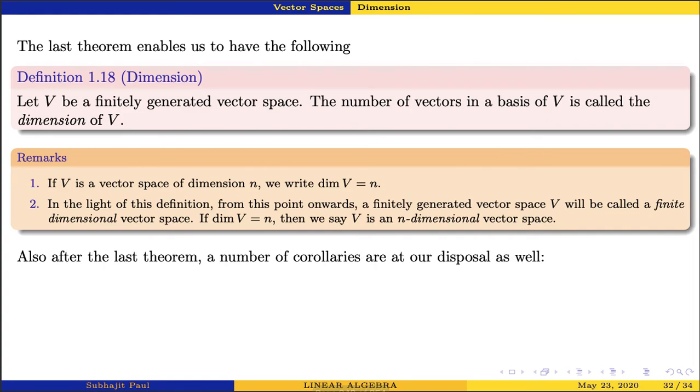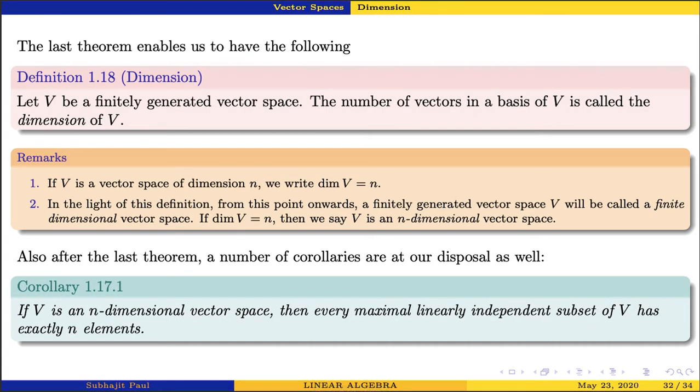Now see the magic. After the last theorem, a number of corollaries are at our disposal as well. These corollaries were important theorems in the earlier approach. First one: if V is an n-dimensional vector space, then every maximal linearly independent subset of V has exactly n elements.